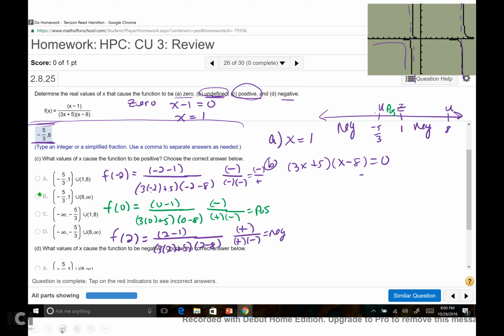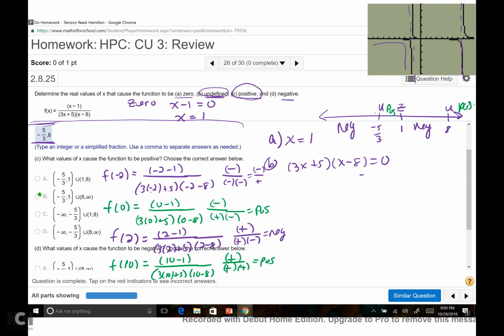And if I pick something beyond 8, like 10, I'm going to have 10 minus 1 over 3 times 10 plus 5 times 10 minus 8. That's a positive. 3 times 10 plus 5 is a positive. 10 minus 8 is a positive. A positive divided by a positive is a positive.